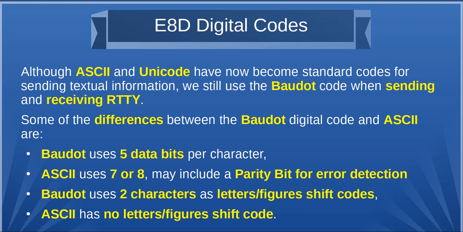So basically, Baudot is a 5-bit per character representation, where ASCII is 7 or 8 if you include a parity bit. ASCII does the entire upper and lower case, punctuation and numbers, where Baudot only uses capitals.